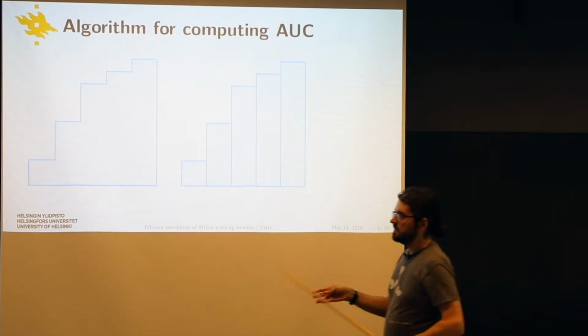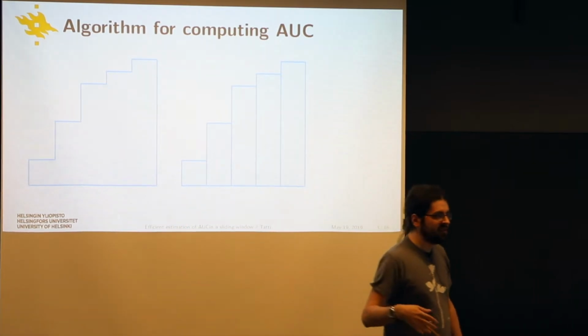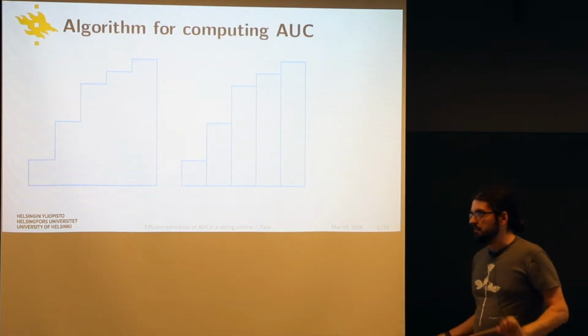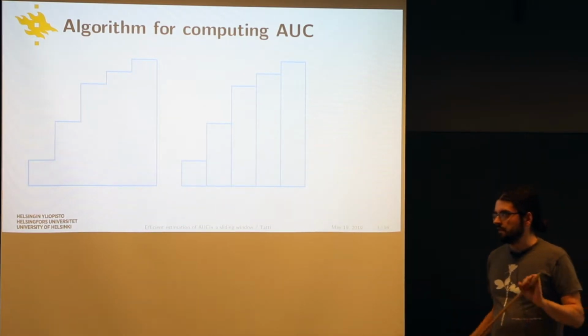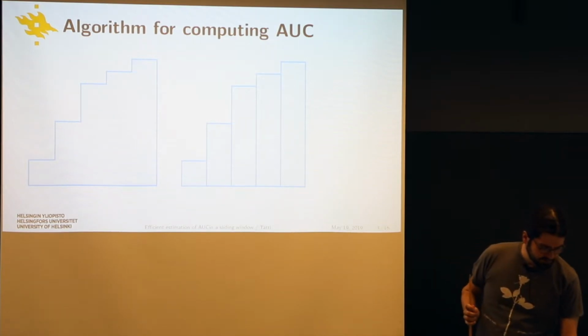And then the AUC is simply this area under the curve. It's not the best measure, it has its problems, but it's the most widely used for this type of classification problem.